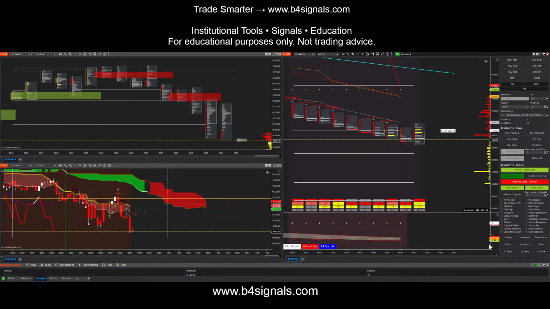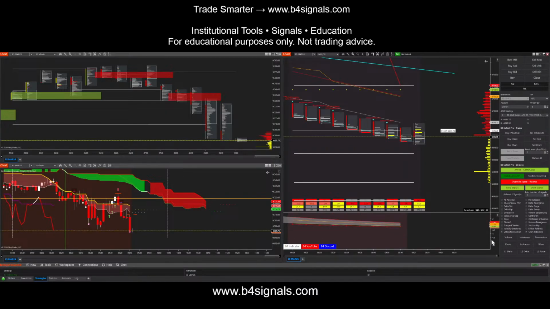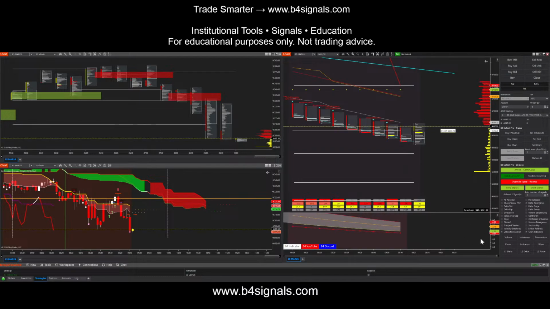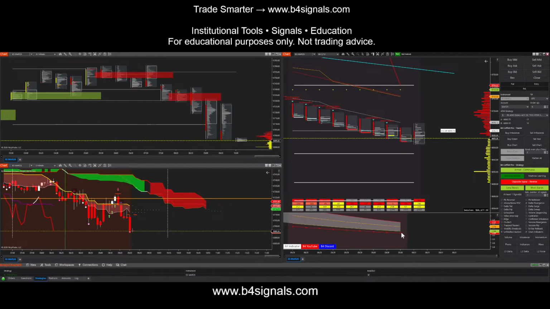It's squeezing. We're right at the bottom, negative 3.8. We usually go down to negative 3. Usually is our low on our lower B4 indicator, looking at the trend line right there.